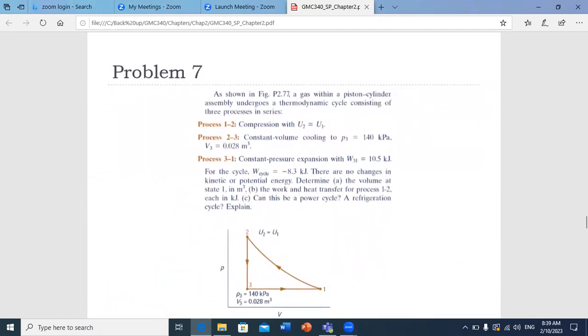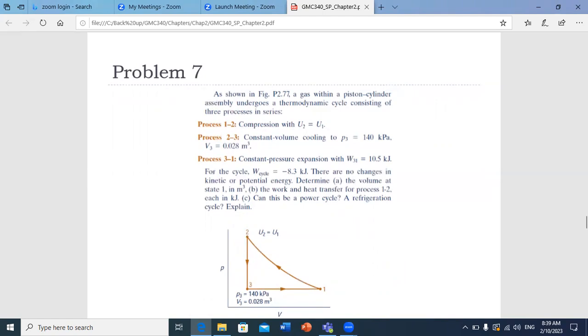As shown in the following figure, a gas within a piston cylinder assembly undergoes a thermodynamic cycle consisting of 3 processes in series. We have first a compression with U2 equal to U1. In process from 2 to 3, we have a constant volume cooling to P3 equal to 140 kilopascal at V3 equal to 0.028 meter cube.